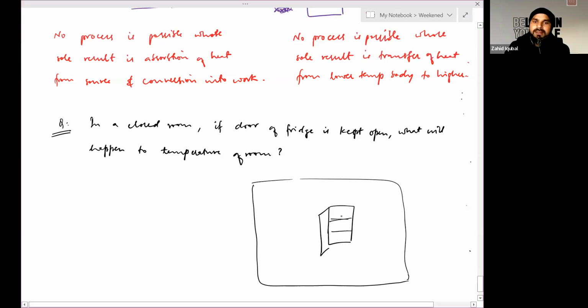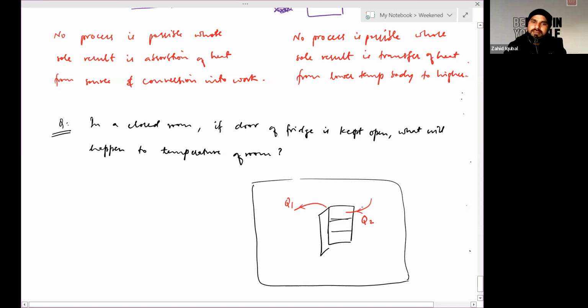So you'll say this cabin and this entire room becomes common body. So it absorbs Q2 amount of heat at lower temperature from cabin or from its whole surrounding. By adding some amount of work from compressor, it ejects Q1, sufficiently higher amount of energy, into same surrounding.